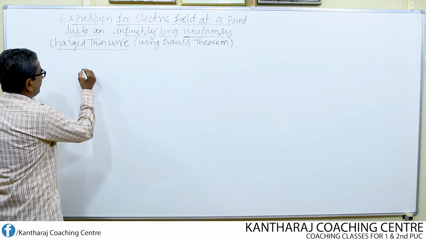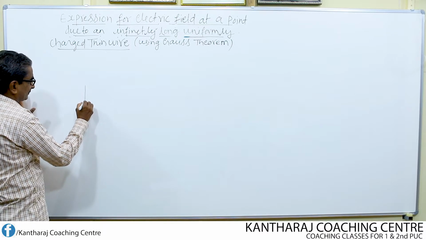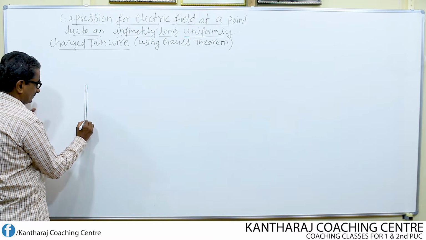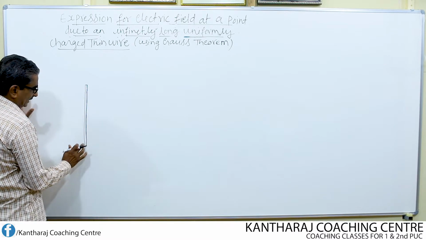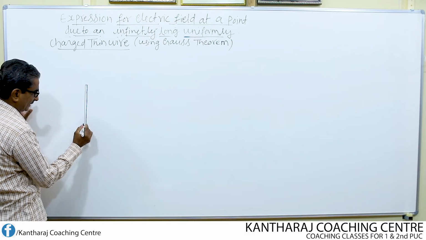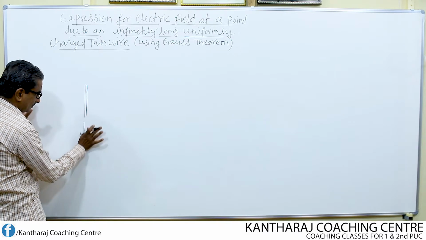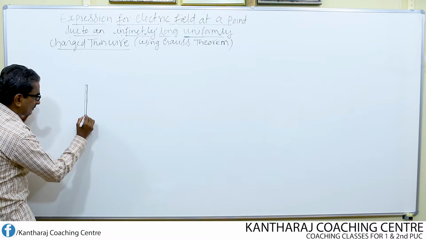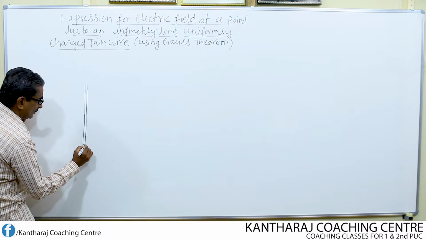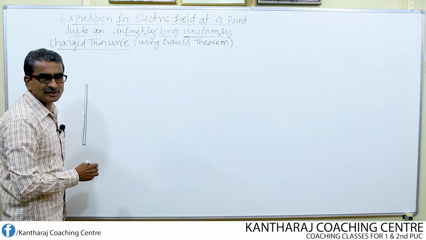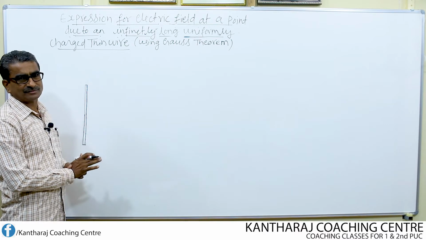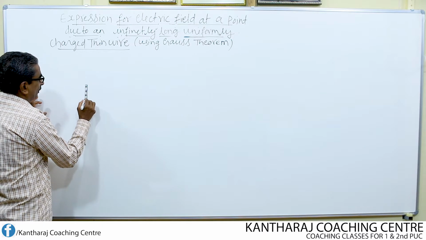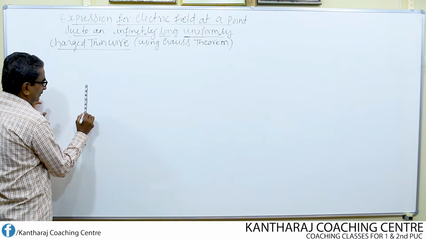Let us consider now a thin wire like this. I consider one thin straight wire like this. Now let this wire be charged to Q coulombs, so that the charge gets distributed uniformly on the wire.